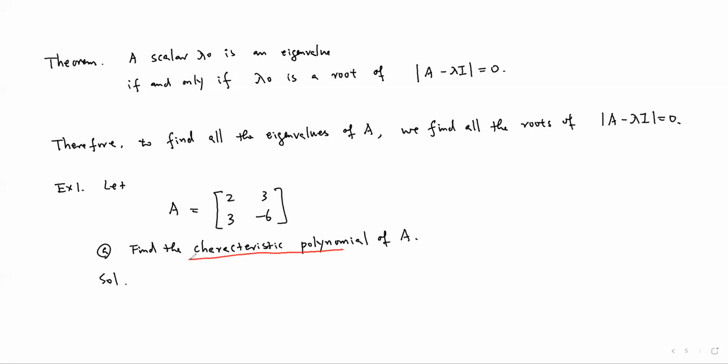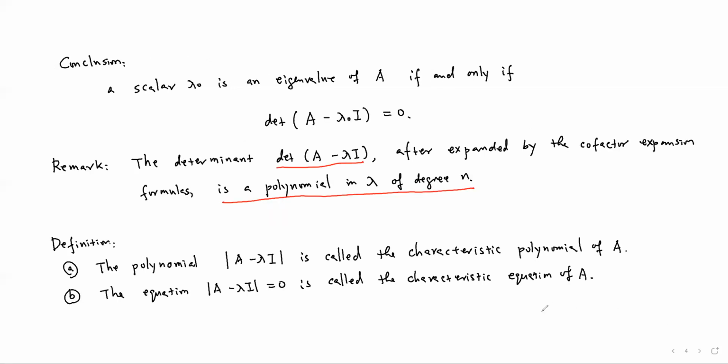Characteristic polynomial. What is that? If you don't remember, go back to the definition. Definition here. What is characteristic polynomial? This determinant is the characteristic polynomial. Okay, now let me compute this determinant.